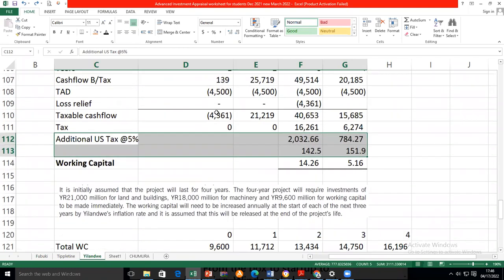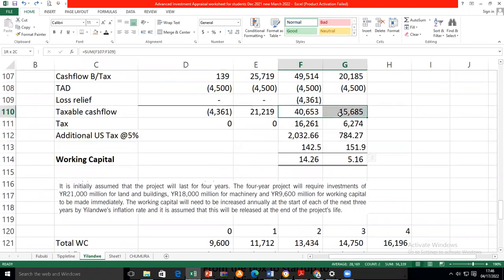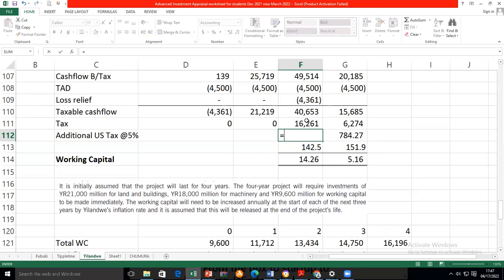Okay, so the taxable cash flow there is 4063. So we're using the additional tax of 5%. So it results into 2032.61. And then the exchange rate is 142. So I've applied 5% on that figure, this figure times 0.05.